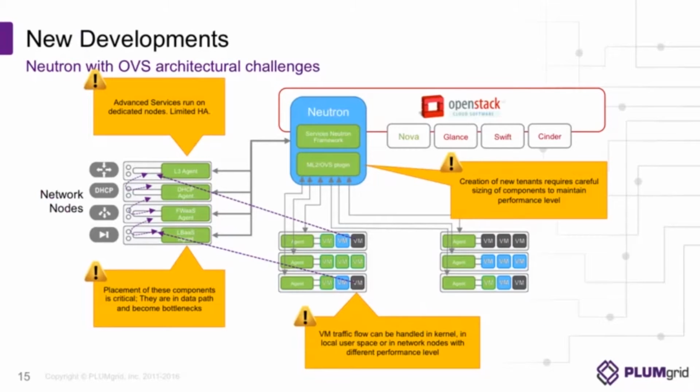Quickly, some challenges you will get if you use the default OVS plus ML2. The challenges you would face if you use the default stuff is your service plugins will want to run on separate dedicated network nodes.